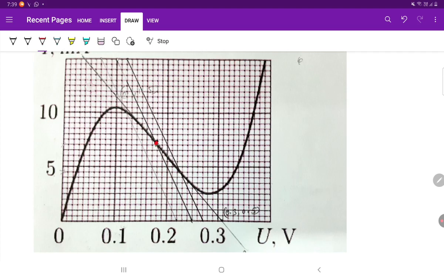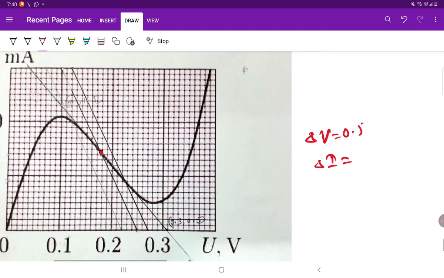Hence, if you change delta V, you may observe that delta I will change from about 3 milliamperes to 2.5 milliamperes.